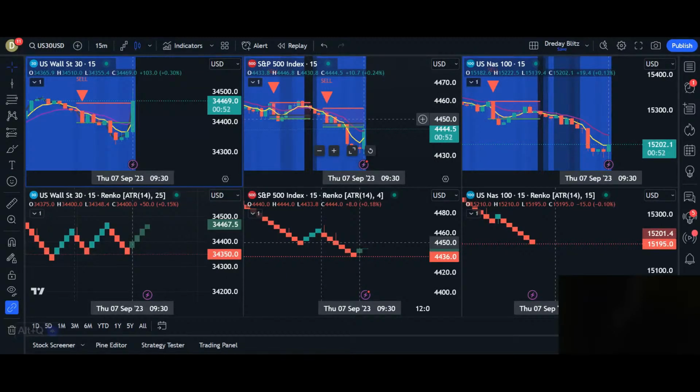So it's still pushing up here. So let's see, at 9:45.